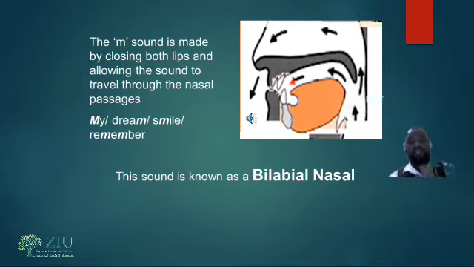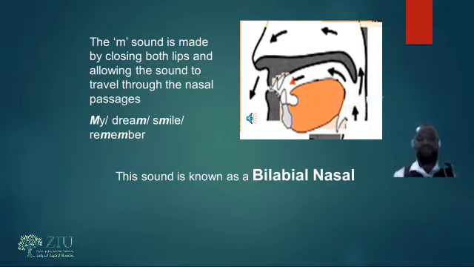For this, the m sound is pronounced through lips and through the nose. For this reason, we say nasal sound. Why? Because it comes through the nose actually. The m sound is made by closing both lips and allowing the sound to travel through the nasal passages.